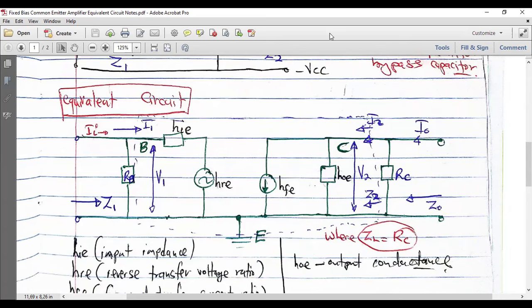There is something I just need to add: you'll have your Z2 and your Z1, and this will be your ZI. So it's affected by RB and Z1 of the transistor. The ZO, which is the output, is affected by what? RC and Z2 of the transistor.